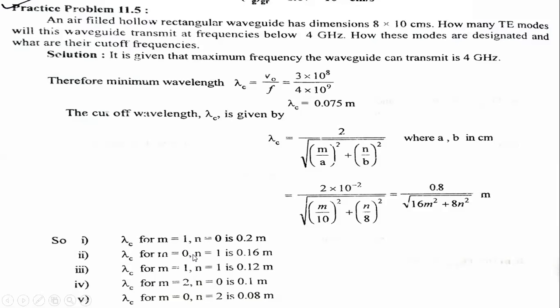We are not taking the 00 mode here. Likewise 20, 02. So in all cases, substitute m and n: the 11, then the 12, then the 00, then the 2. Likewise, you can calculate lambda c as 0.2 meters, 0.16 meters, 0.12 meters, 0.1 meter, and 0.08 meter by substituting the values in this formula.